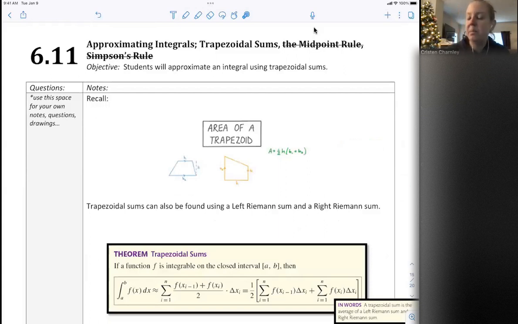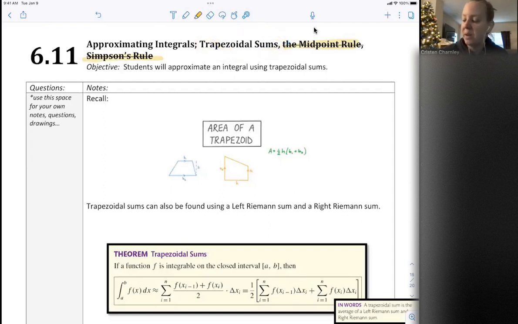There's something called the midpoint rule and Simpson's rule. The reason these are marked out with a strike through is because they're not AP topics, so we do not have to worry about those for the AP exam. Trapezoids, though, I want you to feel really familiar with. So just consider this a chance to get to know them even better.